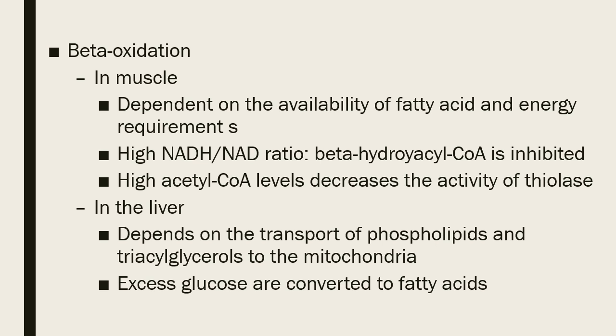And then high acetyl coenzyme A levels will decrease the activity of your thiolase. Your thiolase is the enzyme that is involved in the fourth reaction of your beta oxidation.